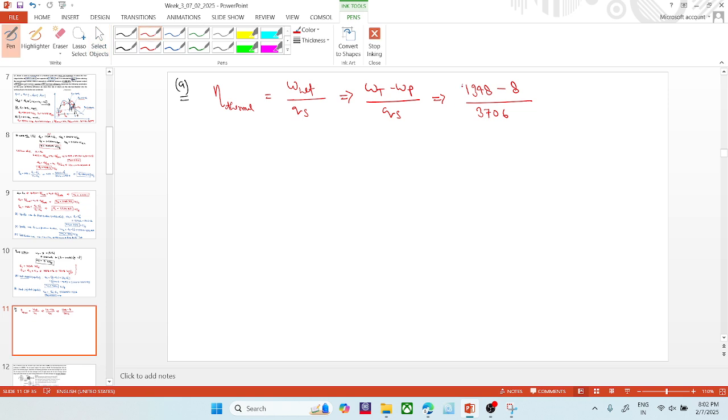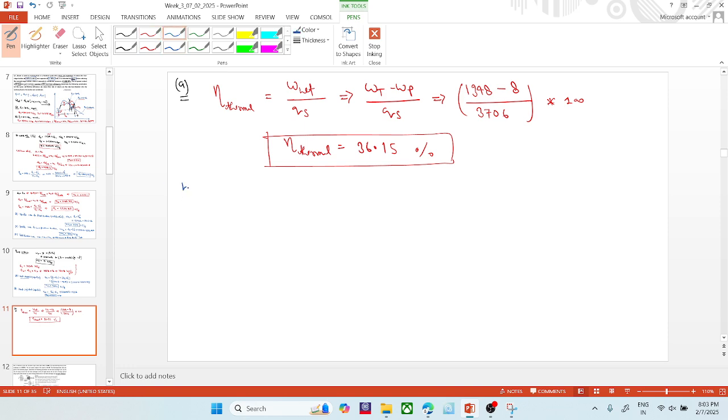So in percentage, this value will come around 36.15%. Okay, so this would be the answer for the first problem.